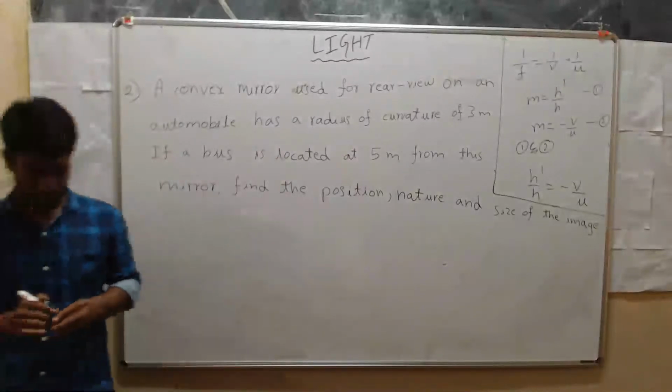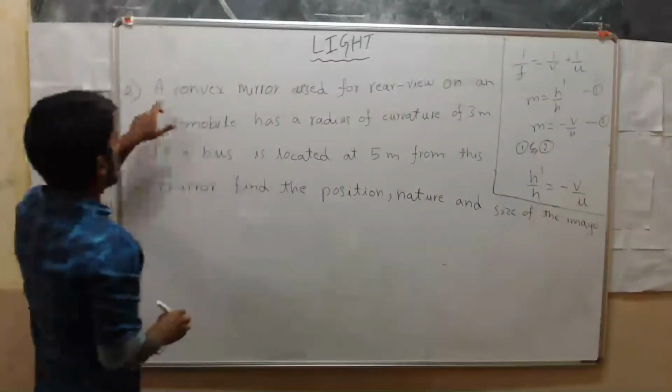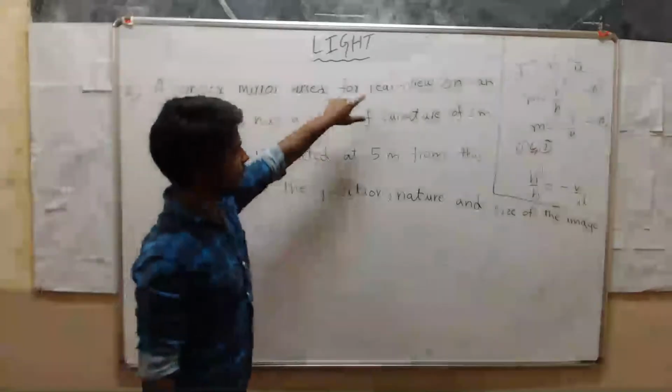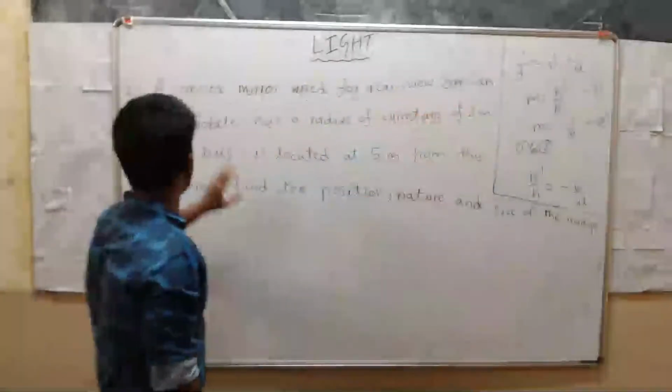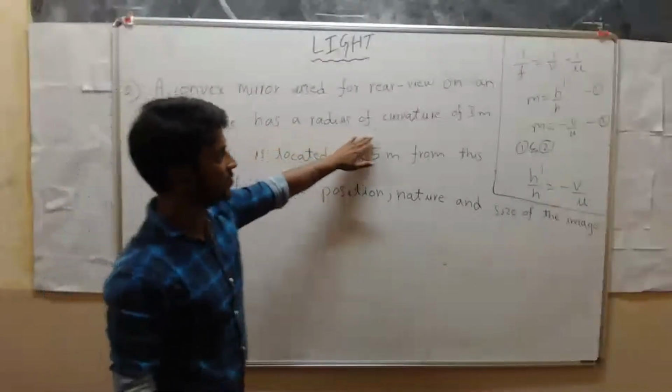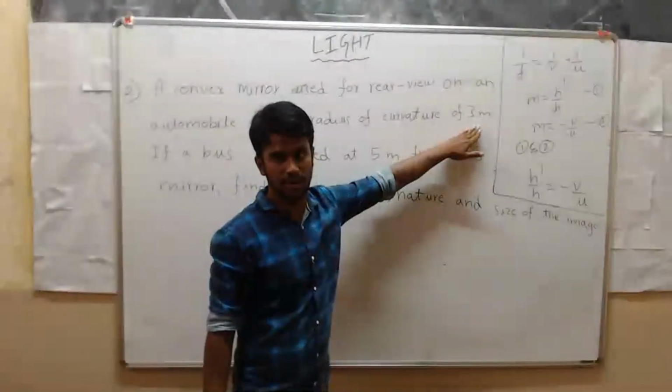See here. First, a convex mirror used for rear view on an auto has a radius of curvature of 3 meter.